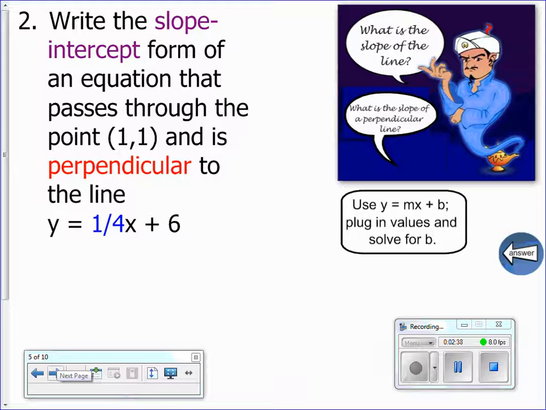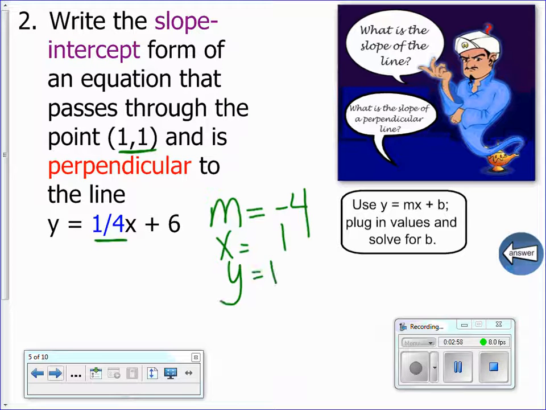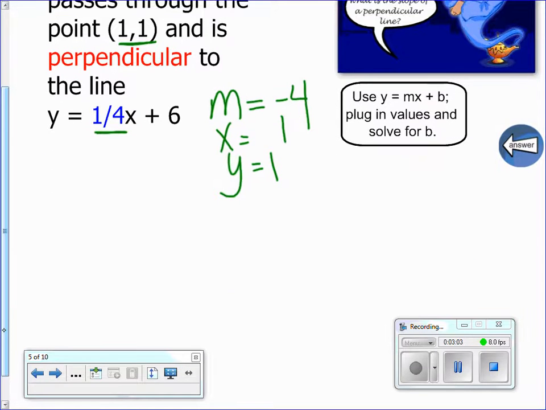Write the slope-intercept form of the equation that passes through the point 1, 1 and is perpendicular to the line y equals 1/4 x plus 6. So from this, I get m equals -4. And then here, I have x equals 1 and y equals 1. So I'm going to plug in these values in y equals mx plus b.